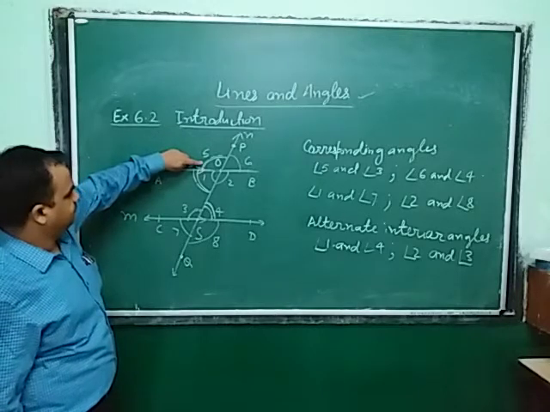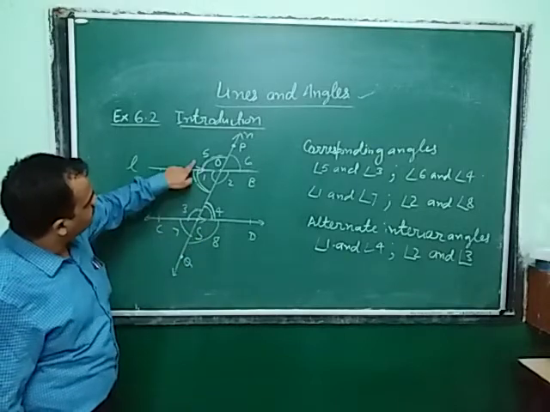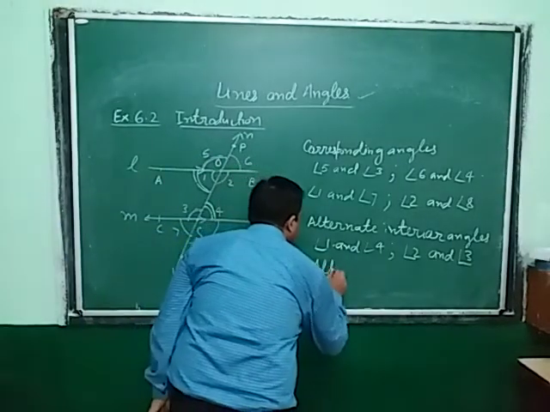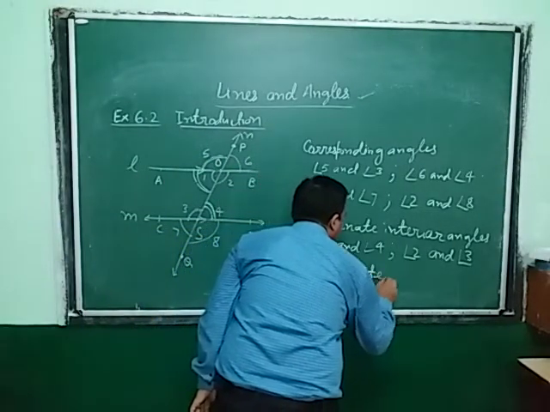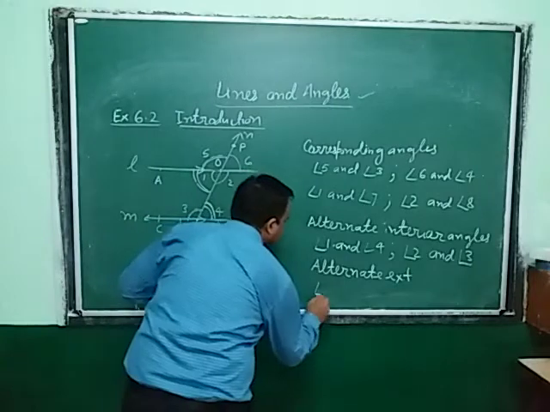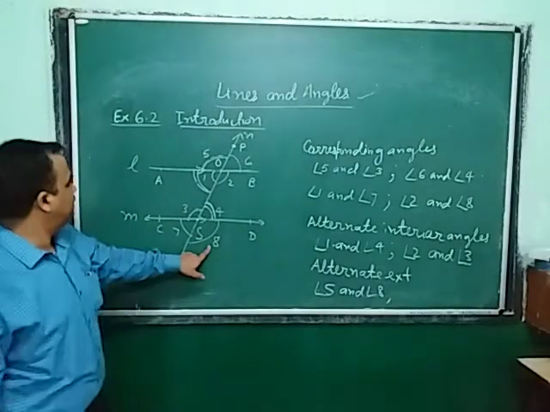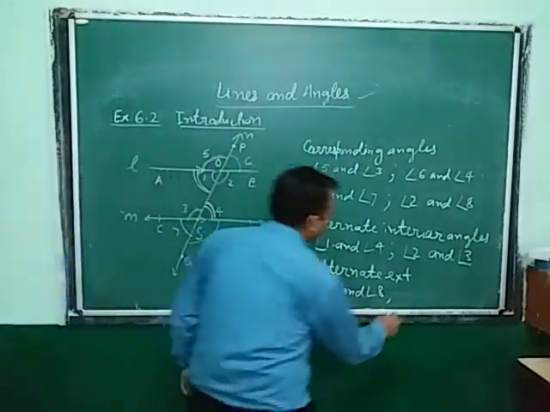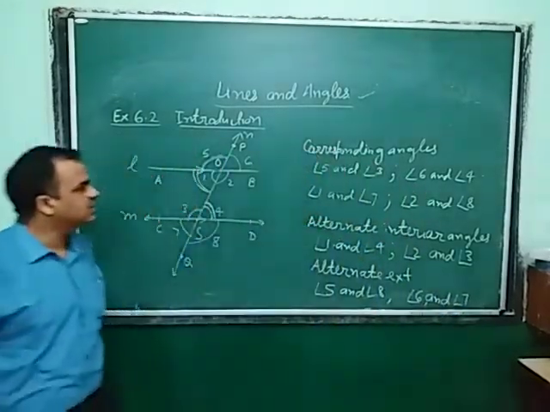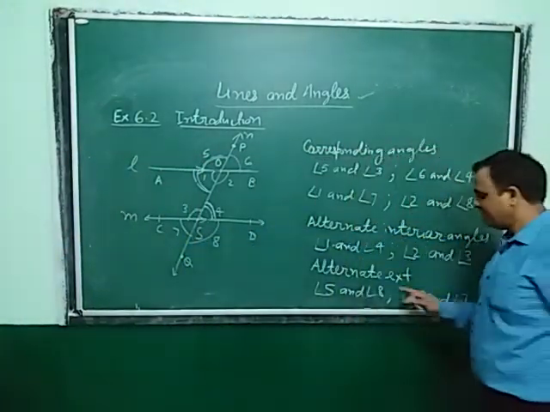Now angle 5 and angle 8, they are also alternate, but they are exterior. So you can write alternate exterior angles. What are these angles? Angle 5 and angle 8, and then angle 6 and angle 7. So these are corresponding angles, alternate interior angles, and alternate exterior angles.